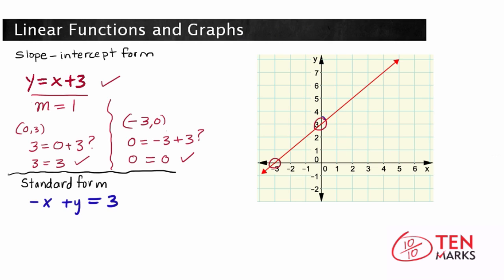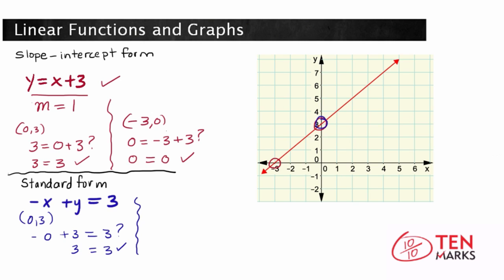We'll start with our y-intercept again, 0, 3, and we'll check to see if, when we substitute 0 for x and 3 for y, the equation is true. So you get negative 0 plus 3, which is 3, and 3 equals 3, so this point is on the line that's represented by this equation.